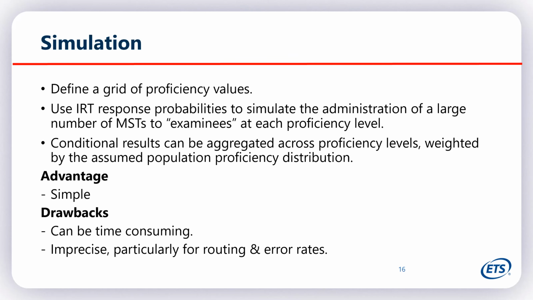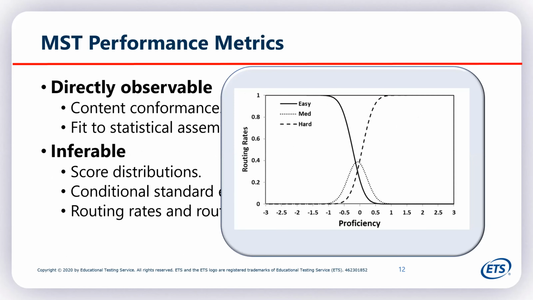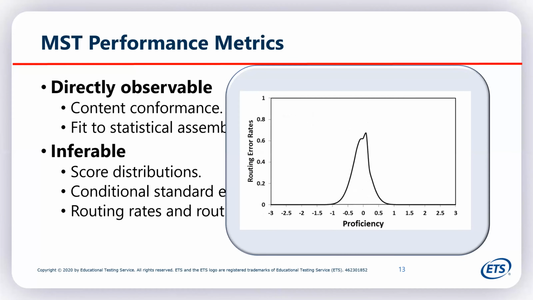So the curves that I showed earlier, those were done analytically by the procedures we'll talk about in a minute, rather than simulation, and they are much smoother. But the simulation-based curves here look very rough, particularly in the tails.